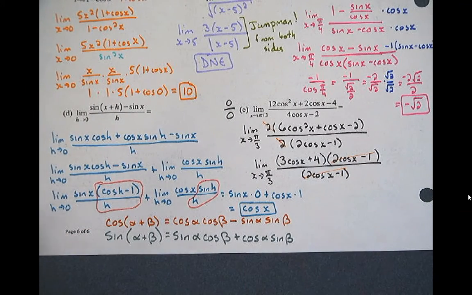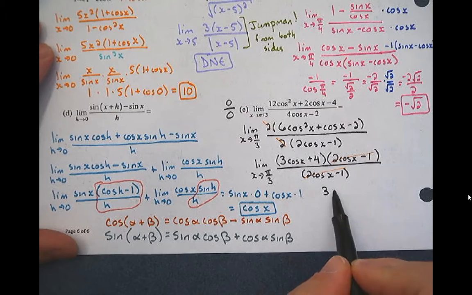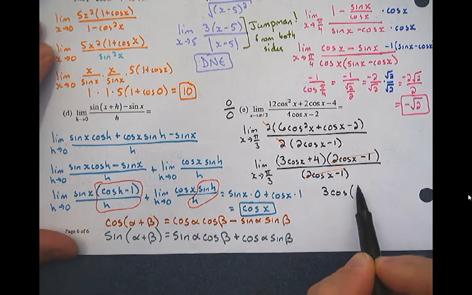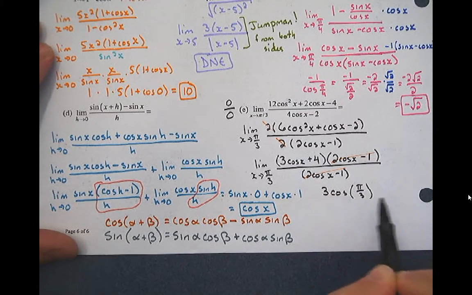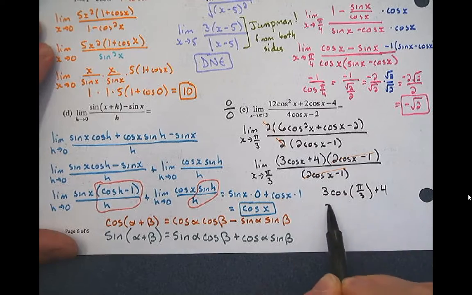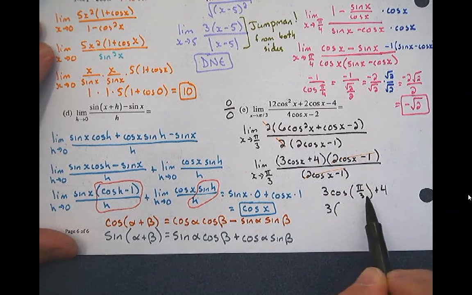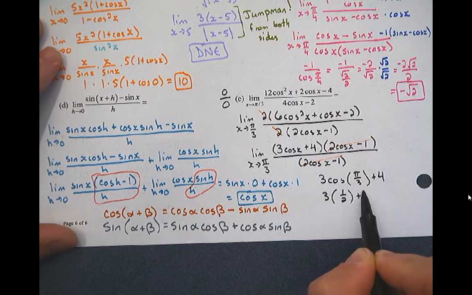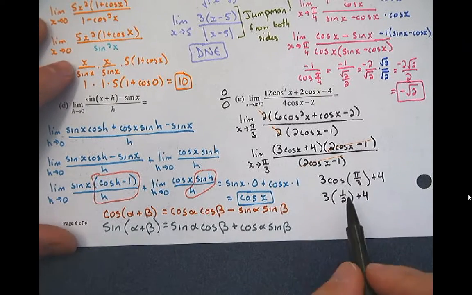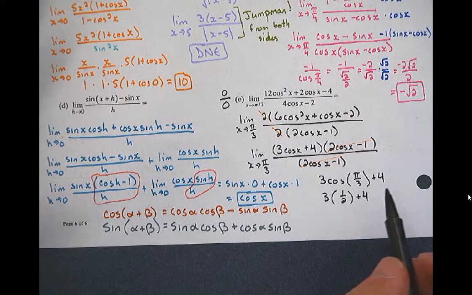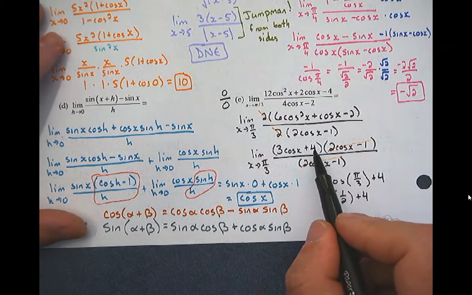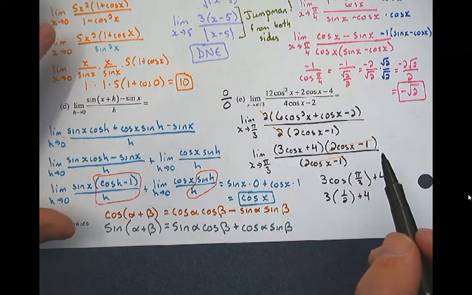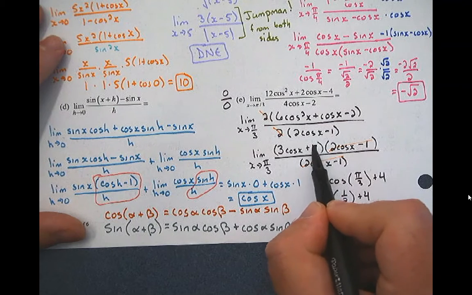Now I can direct substitute. 3 cosine of pi over 3 plus 4 cosine of pi over 3. If you go to your unit circle, you draw your triangle, that should be 1/2. Why did I write plus 4? This should be a 2.